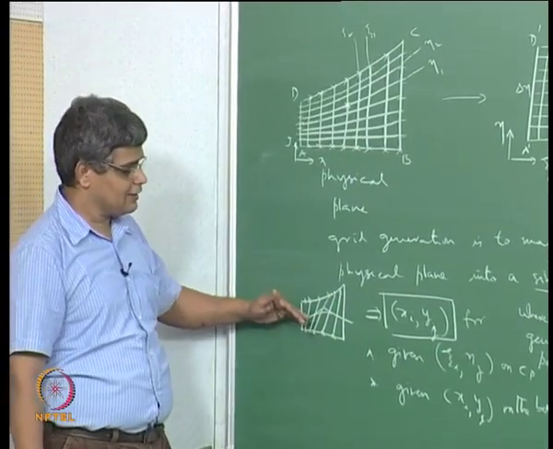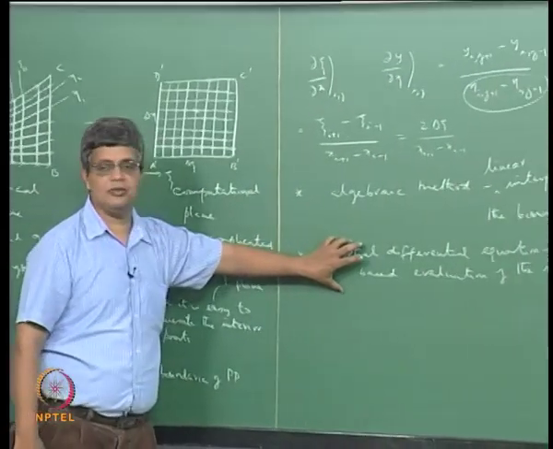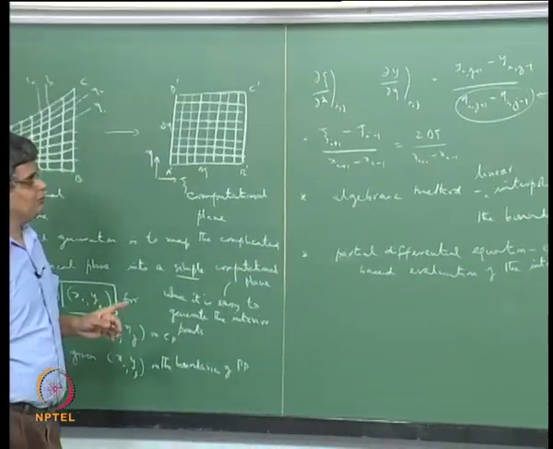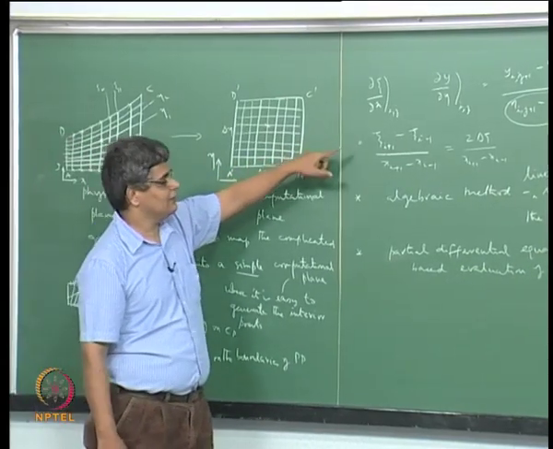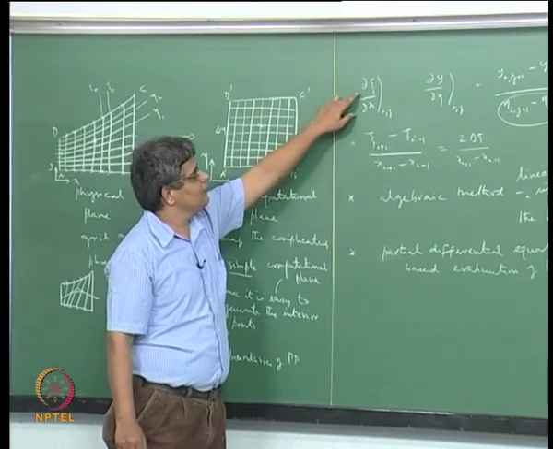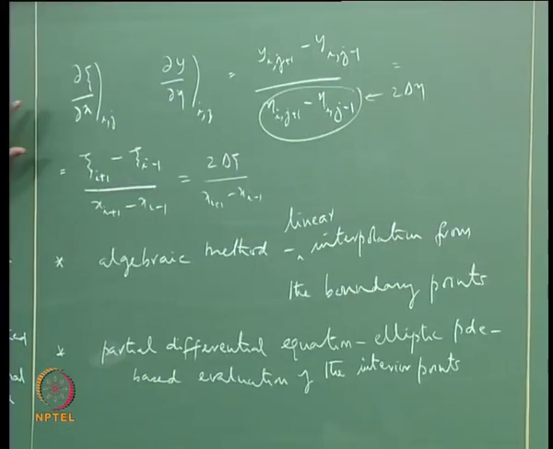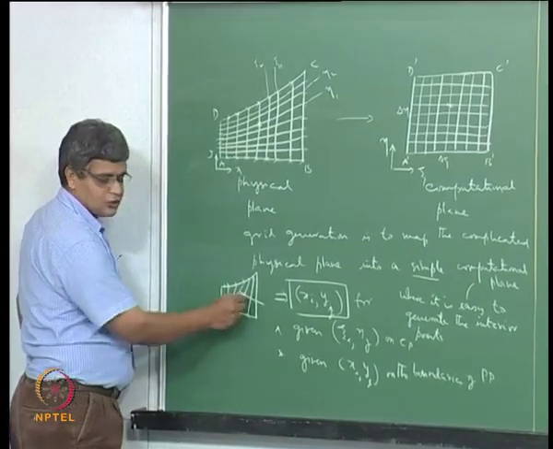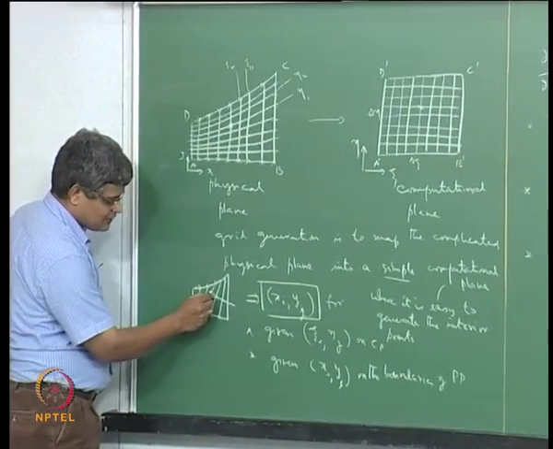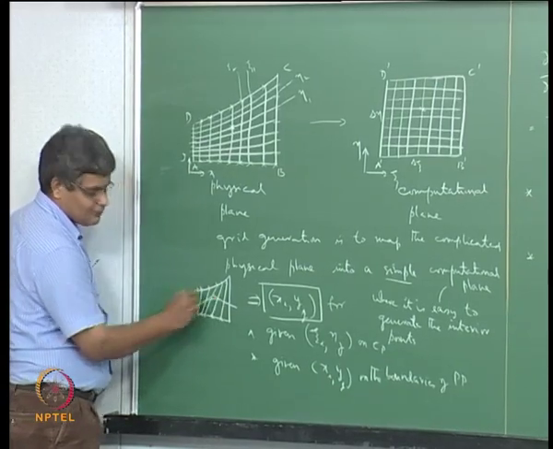So the additional condition of smoothness is incorporated in the PDE based approach, and the smoothness is important because we are using the matrix in evaluating this, and the matrix means the derivative of, for example, dou xi by dou x, and this would be sensitive to any kind of non-smoothness. For example, this particular thing means that the derivative here when seen from this side is one thing and seen from this side is another.